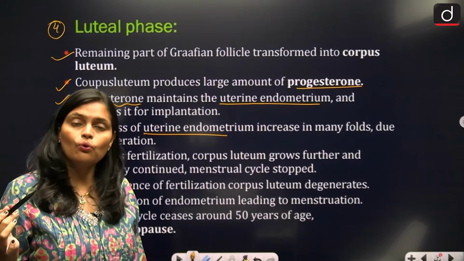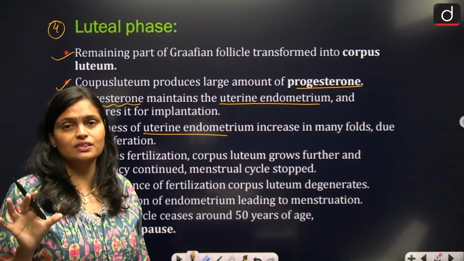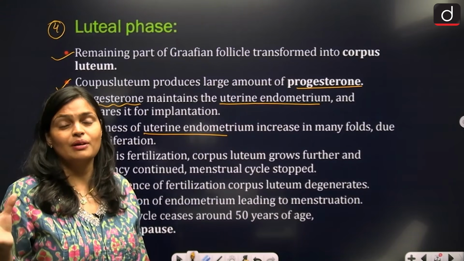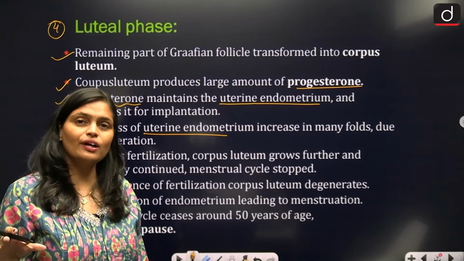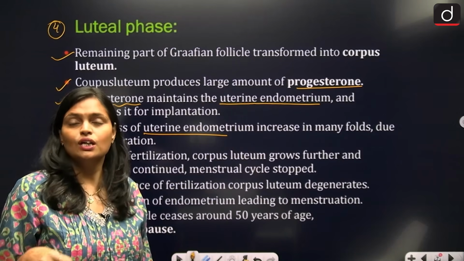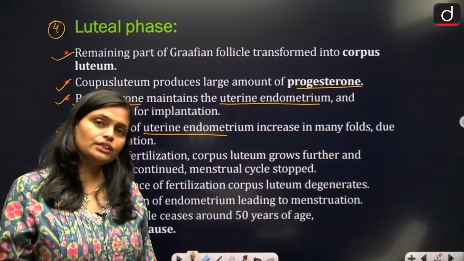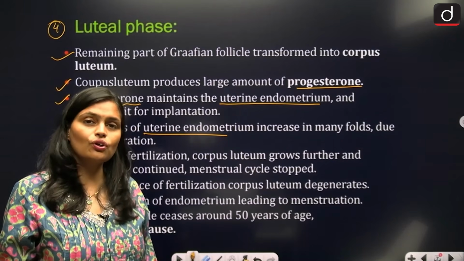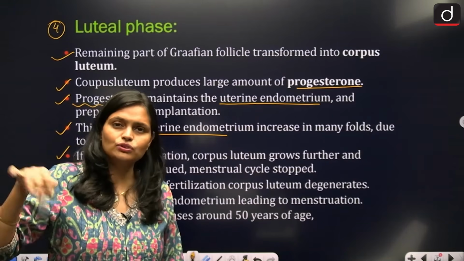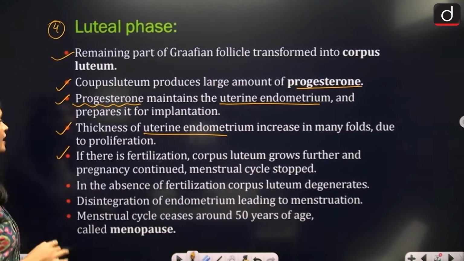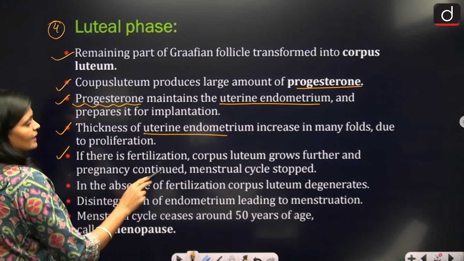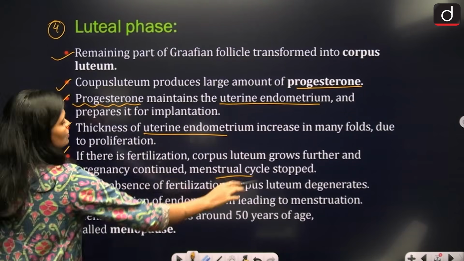If the ovum is fertilized with sperm, then the zygote forms. If the zygote forms, implantation is done, so no degeneration of the endometrium. तो जब endometrium degenerate ही नहीं होता तो नया progesterone और वो सब follicle मतलब वो सारे phase खत्म हो गए होते, right? Grows further, pregnancy continues, menstrual cycle stops.